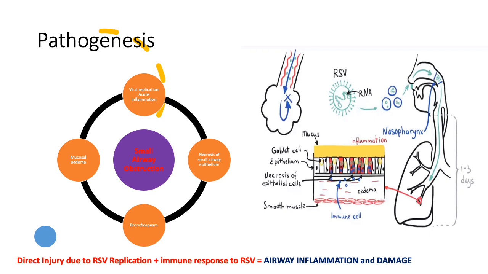Acute inflammation, edema, necrosis of epithelial cells lining the small airways, increased mucus production, and bronchospasm. These are all the changes which occur in bronchiolitis.